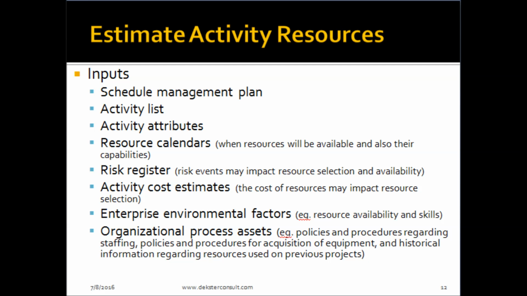A risk register will inform us of risk events that may impact resource selection and availability. Then our activity cost estimates. The cost of resources may also impact resource selection. Enterprise environmental factors, internal and external factors that could influence our project. Then organizational process assets, those are internal documentation, etc., that could aid in our project planning.